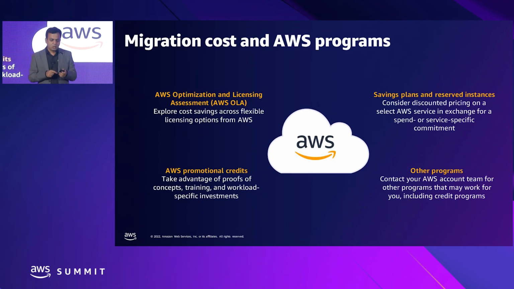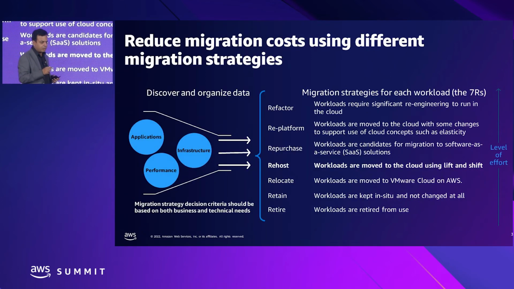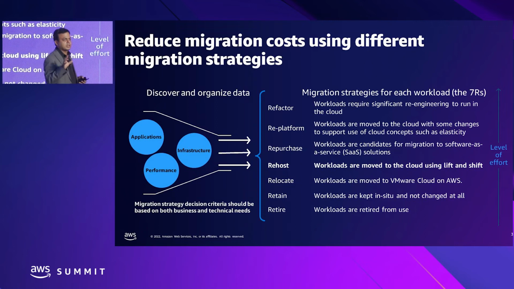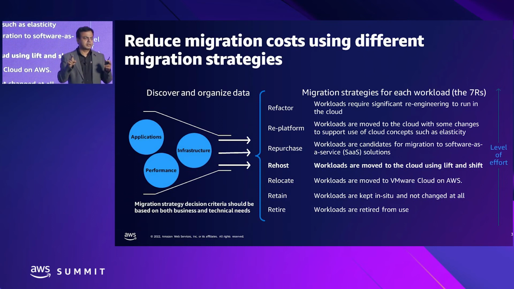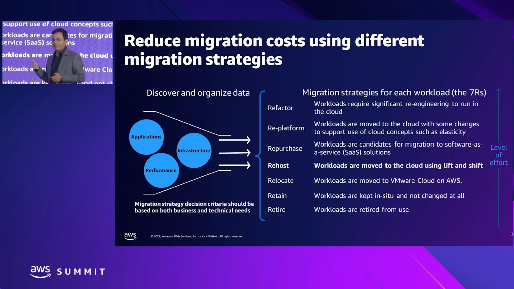One more important aspect: the right kind of methodology chosen for a particular workload is also important, as it will reduce your migration cost. This is our 7 Rs methodology for migration. Any workload can fit into one of these categories, which define how the migration needs to be done.